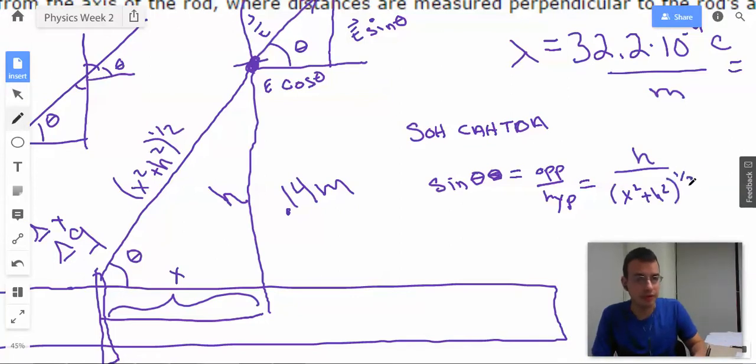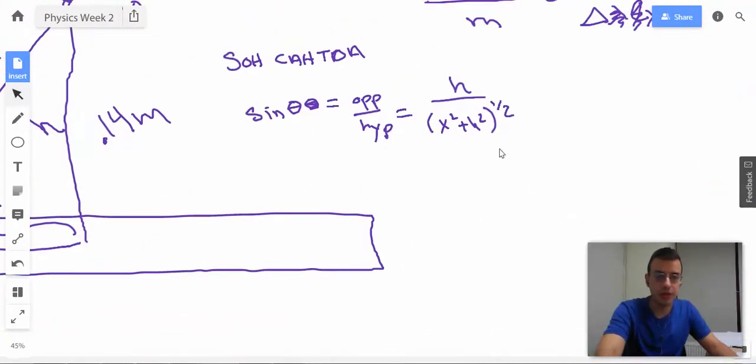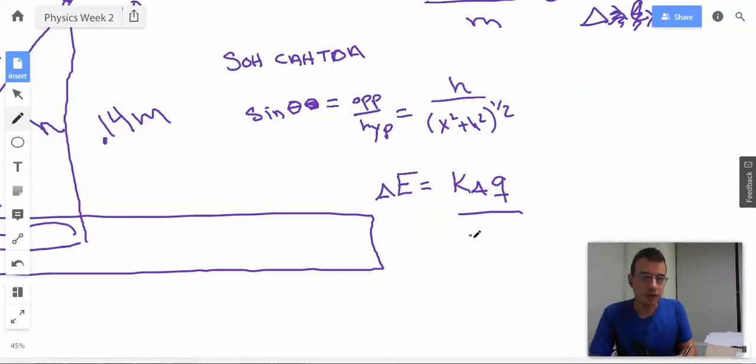Okay, so now we're going to write down the equation for the electric field. The electric field is going to be big K, Q, over x squared plus h squared.